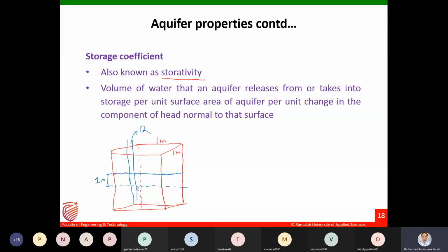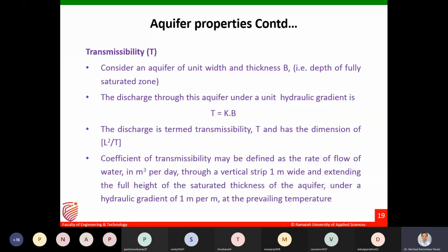Now there is another property of aquifer, transmissibility. We call it T. We apply this after considering the aquifer of unit width and thickness B. Consider an aquifer whose width is 1 meter and thickness is equal to B. That is the depth of the fully saturated zone.